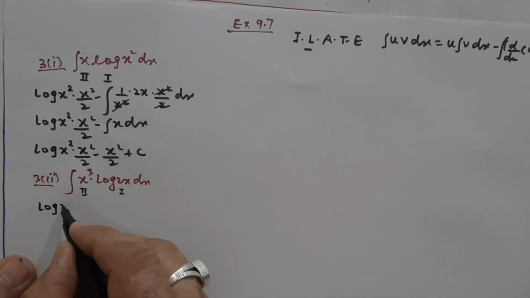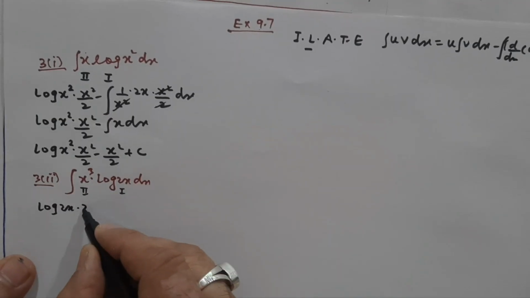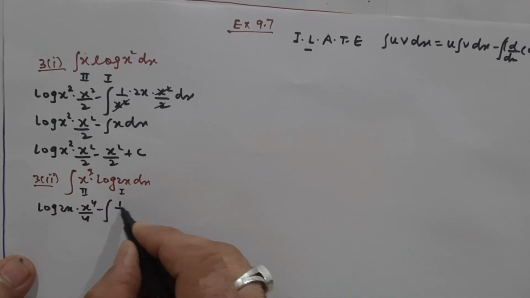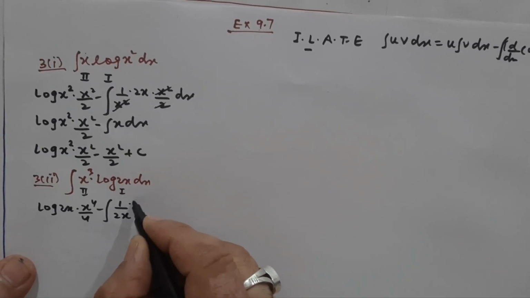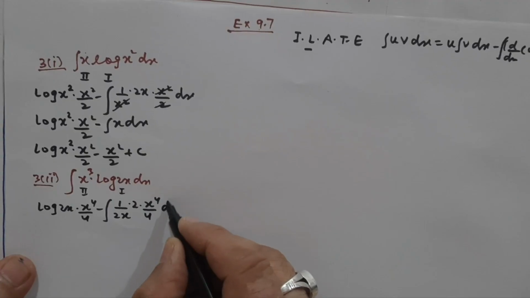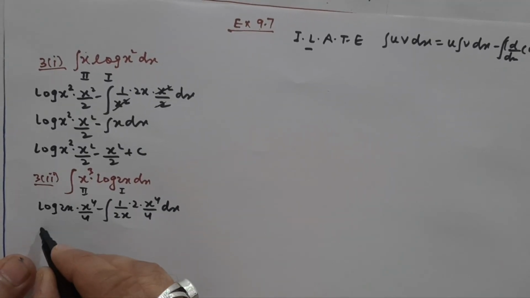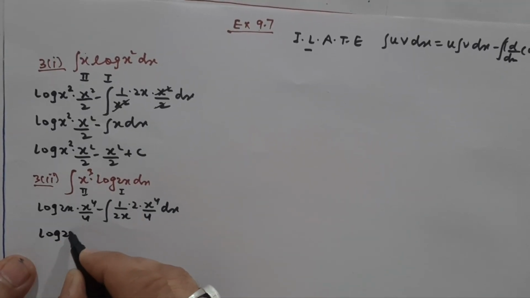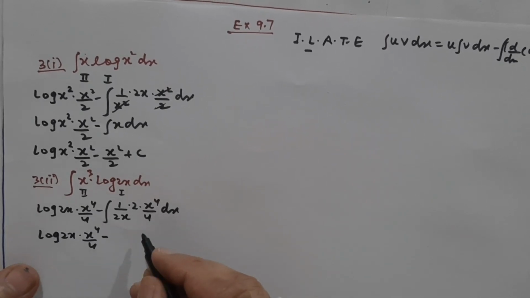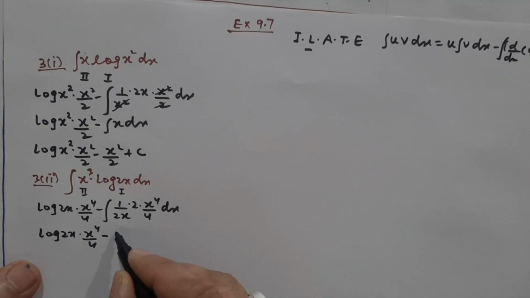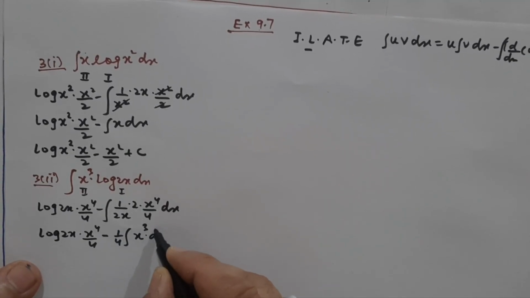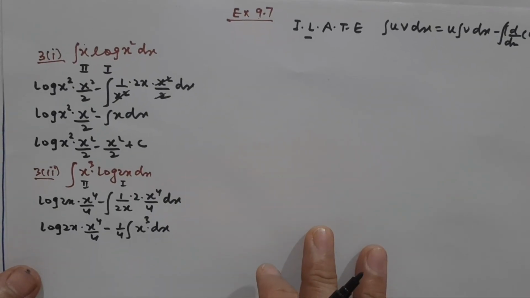We write log 2x into integral of x cube, x4 upon 4, minus integral of derivative of first, 1 upon 2x into 2, and integral of x cube is x4 upon 4, dx. So we get log 2x into x4 upon 4 minus, on cancelling, 1 upon 4 outside, x cube dx.